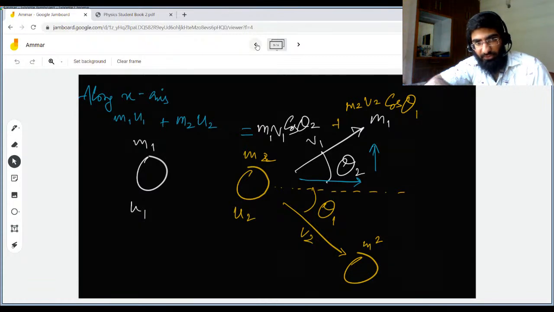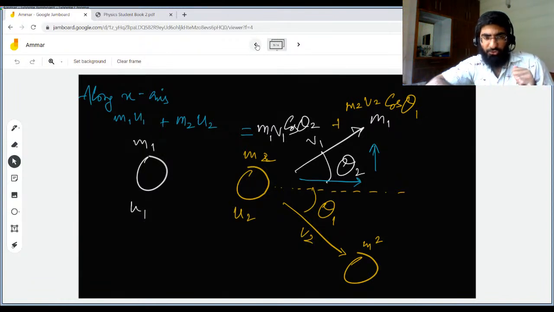I hadn't given angles to the bodies before collision. Now you understand, even if those bodies had an angle, first of all I'll choose a frame of reference. I'm talking with reference to the x-axis or the y-axis. We usually choose the x-axis for all the angles that we are calculating.